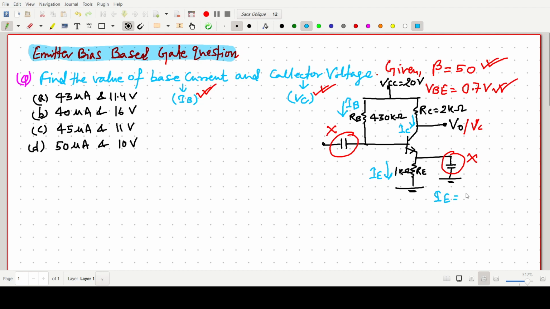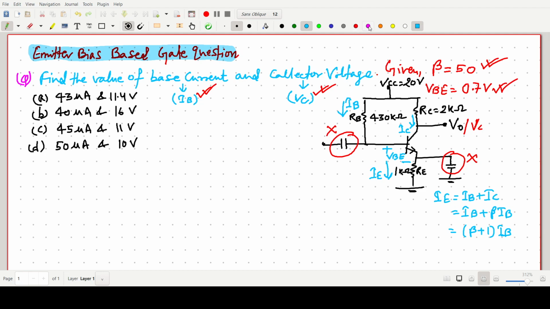We know IE equals IB plus IC, and IC equals beta IB, so IE is simply beta plus 1 times IB. Before that, I also want to add the voltage VBE, which is given as 0.7 volt.